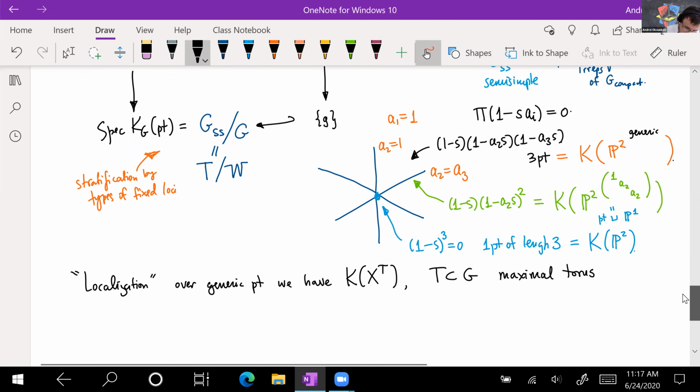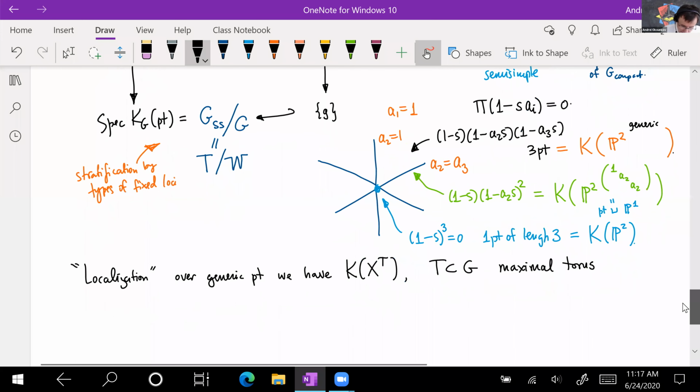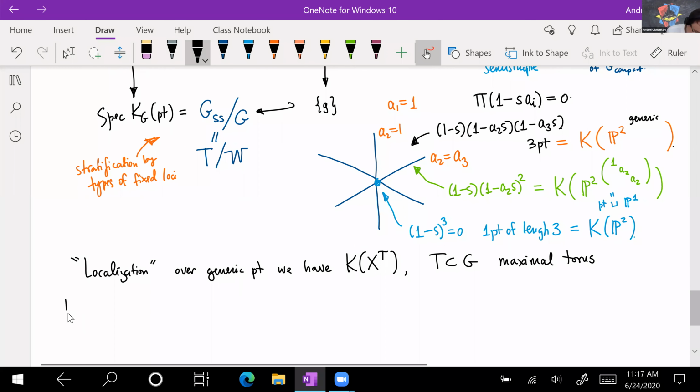So now, what is this going to look like in elliptic homology? I think it's best pedagogically if I don't try to first define what elliptic homology is.